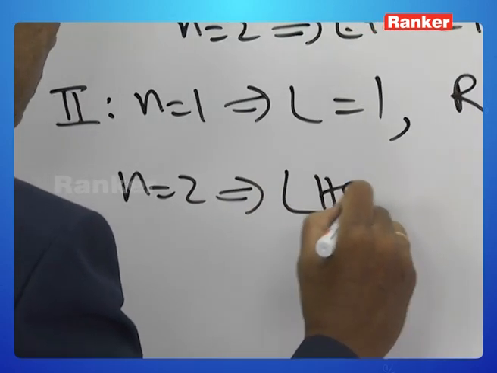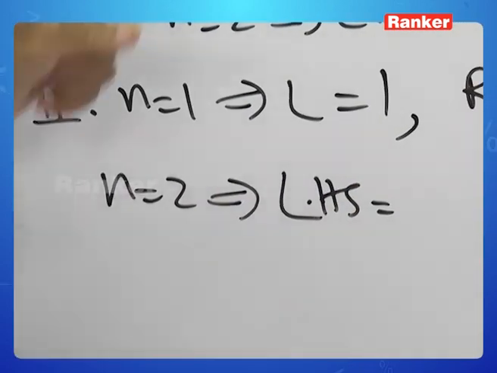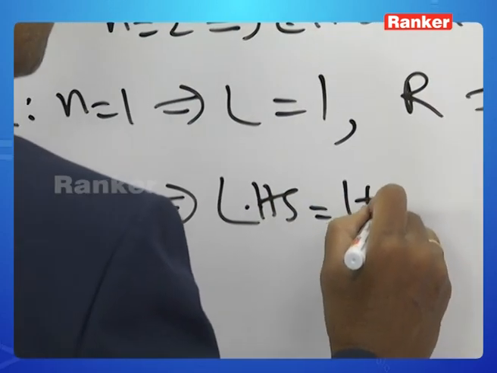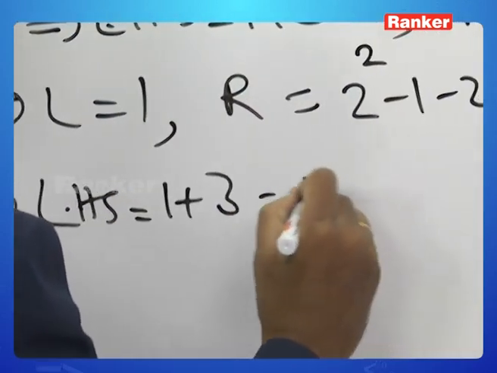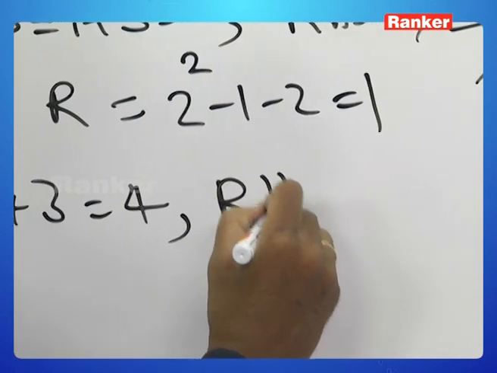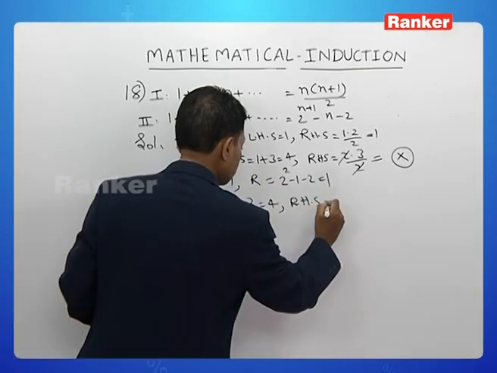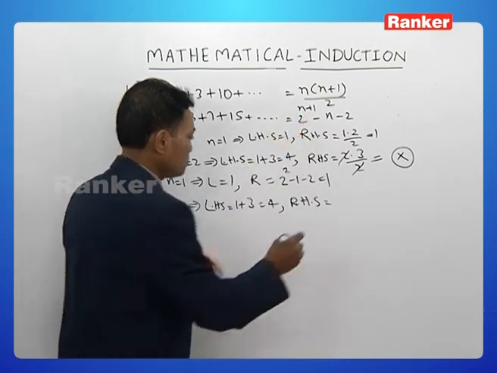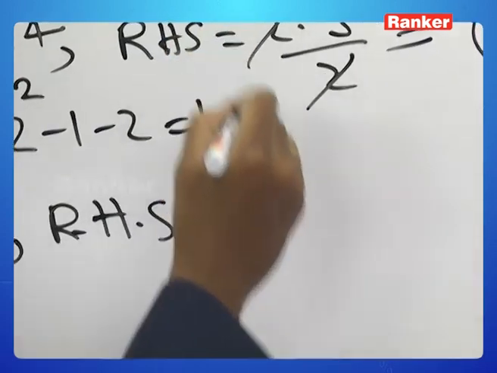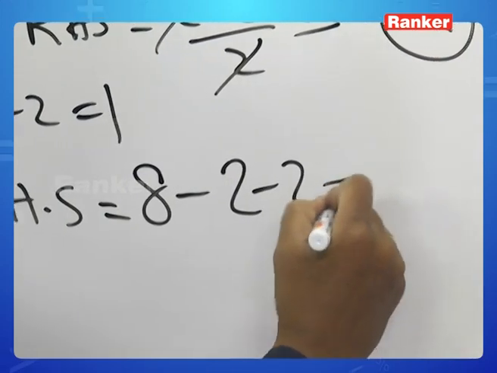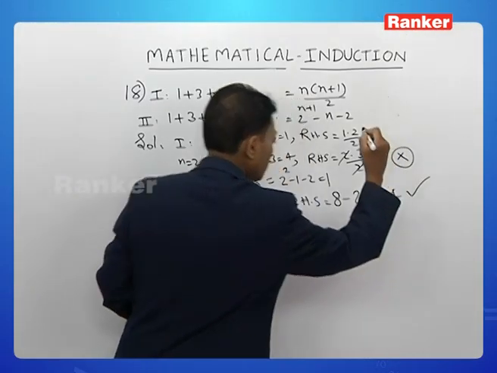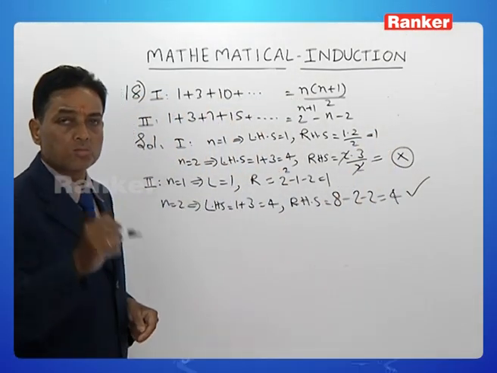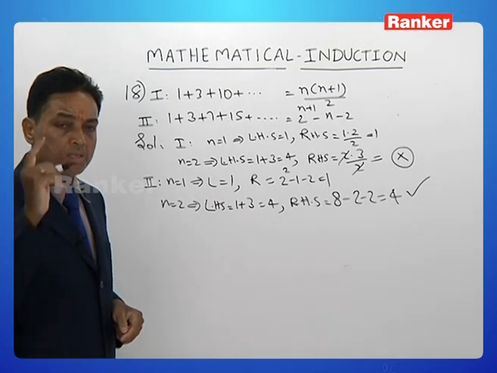What is LHS here? 1 plus 3, that is 4. Here on RHS, put n is equal to 2, 2 plus 1 means 2 cube, minus 2, minus 2. So we got 4. So it is very clear, statement 2 is true. So only statement 2 is true.